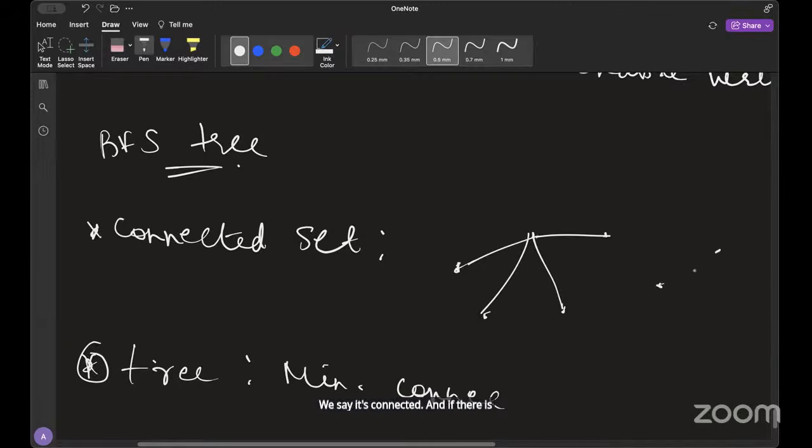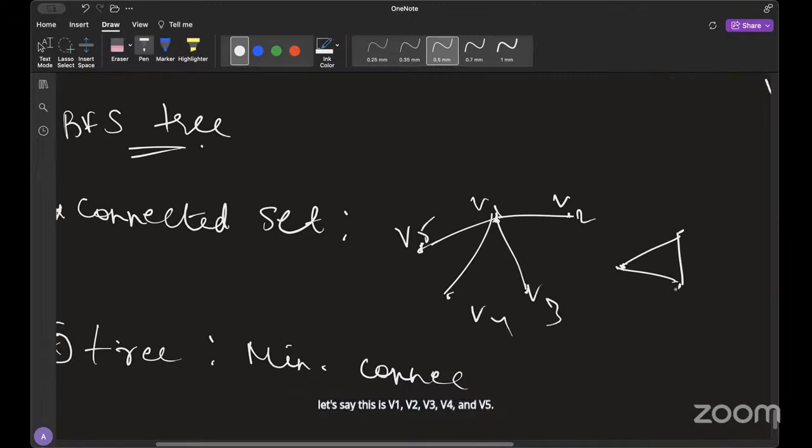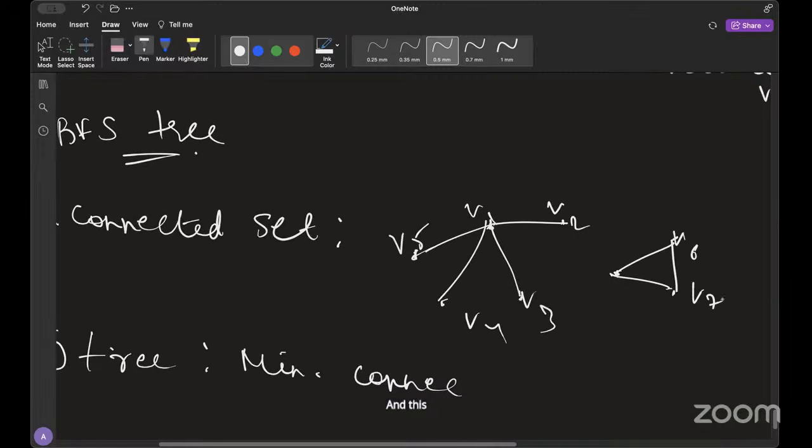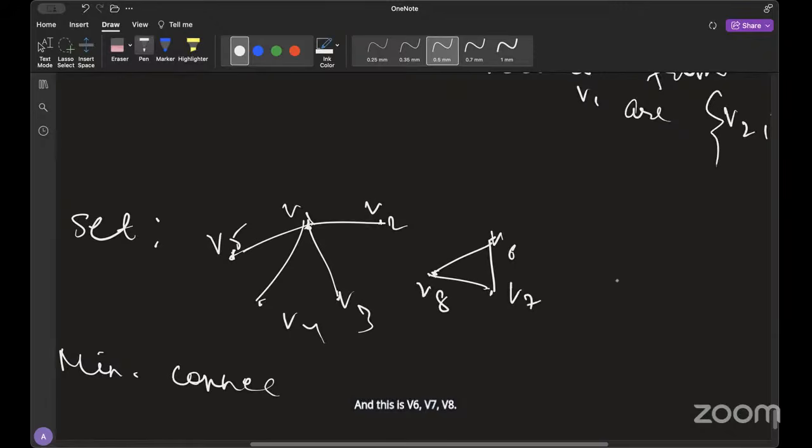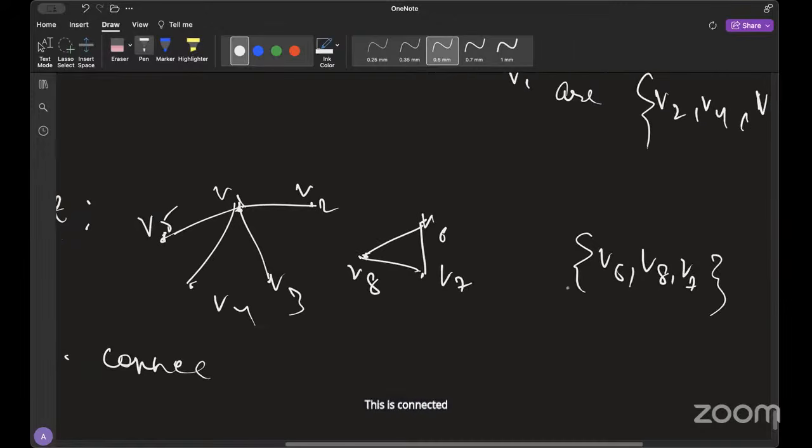If there is some other set here, and this is your graph, let's say this is V1, V2, V3, V4, and V5, and this is V6, V7, V8. Then the connected sets here are V6, V8, and V7. This is connected.